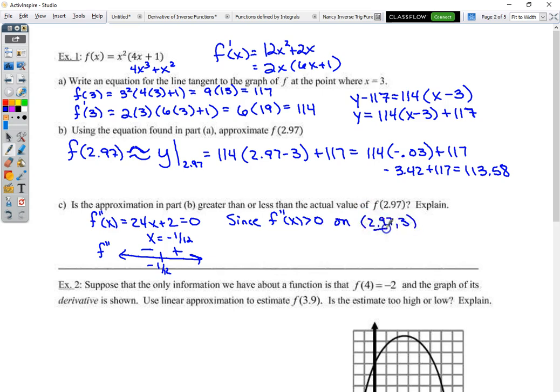So it's always going to be the approximating number and then the tangent point. Since this is concave up on here, my line is underneath. We can say the approximation is less than the actual.